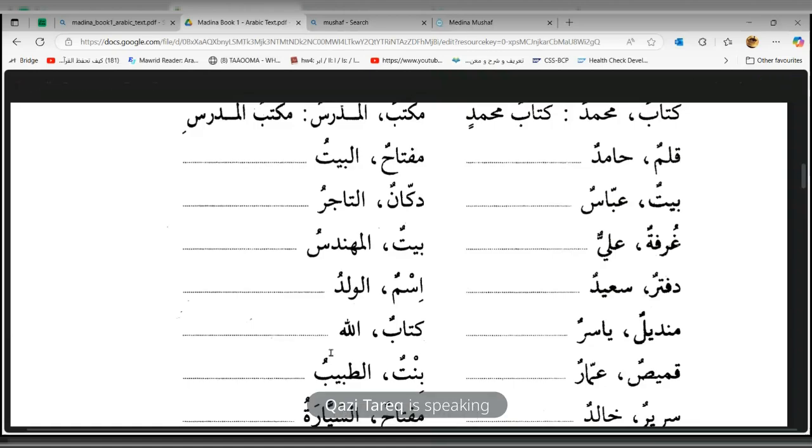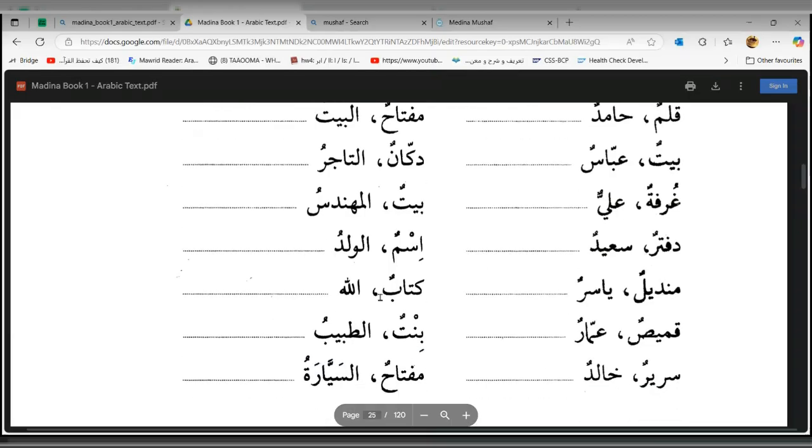So when you see mudaf and mudaf ilayh in the Quran, you know why certain things take kasra. At least now you know one of the reasons why something can take a kasra. So far we've done two reasons: one is mudaf and mudaf ilayh, the other is if it's preceded by one of the huruf al-jar.